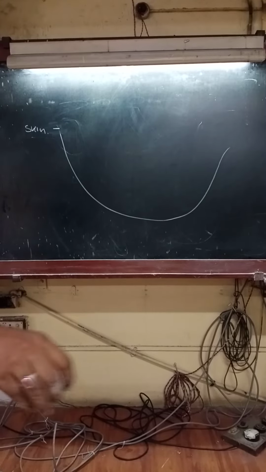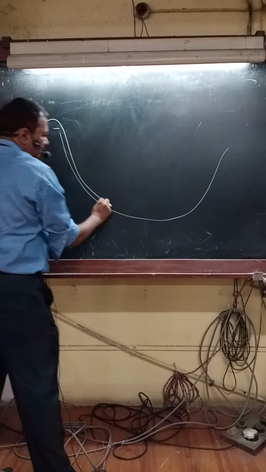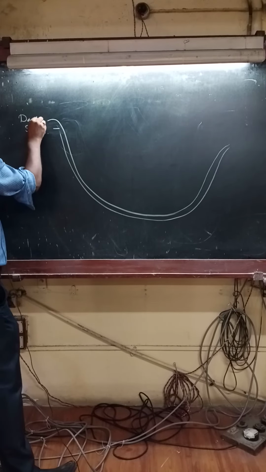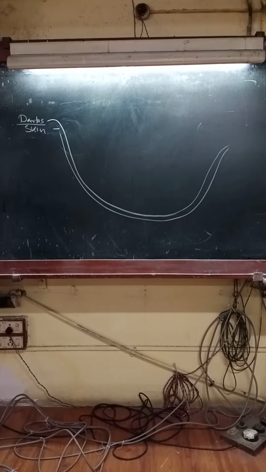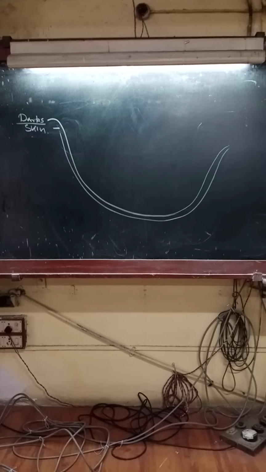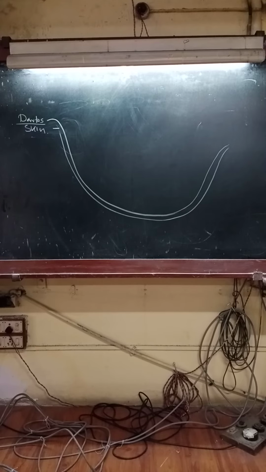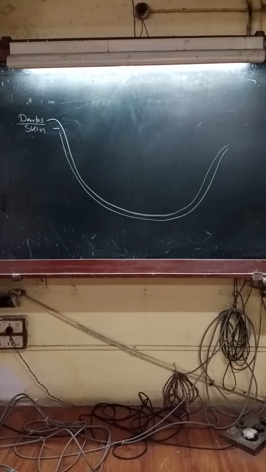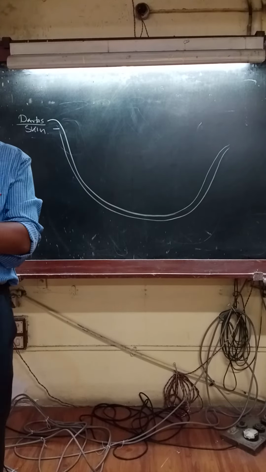Skin, and the next is Dartos muscle. Skin, then Dartos. Reason? Superficial fascia. Why? Logic. Superficial fascia is fatty.